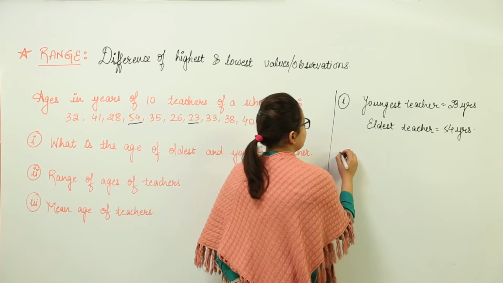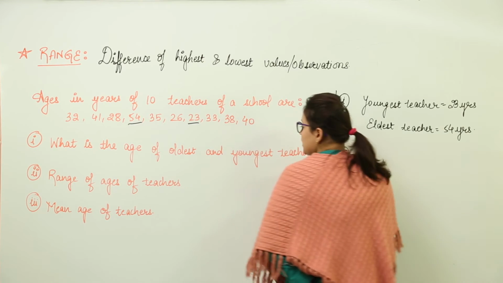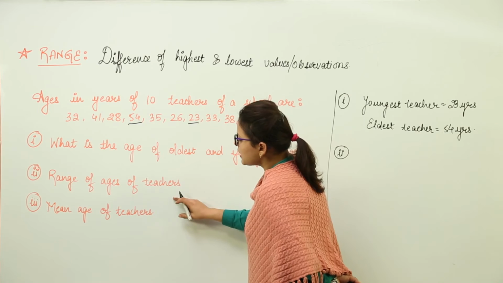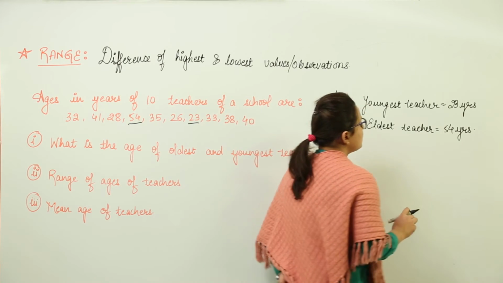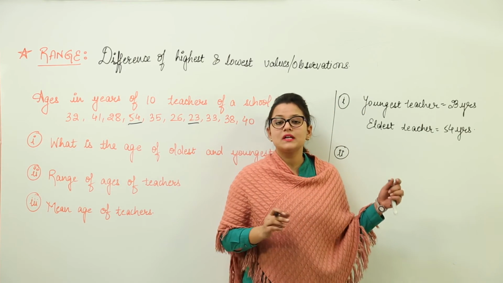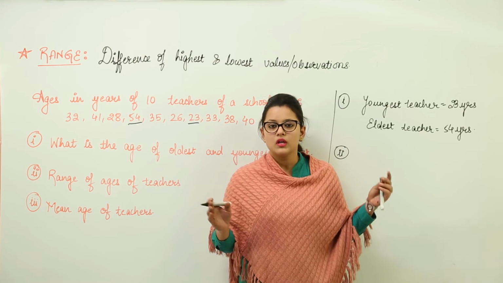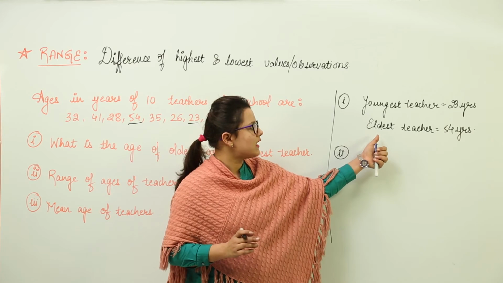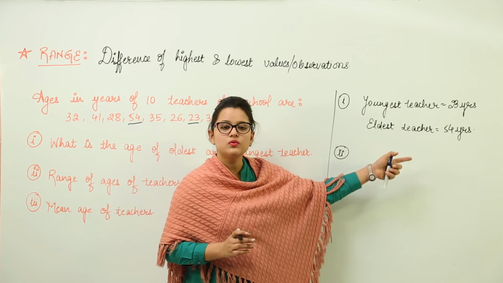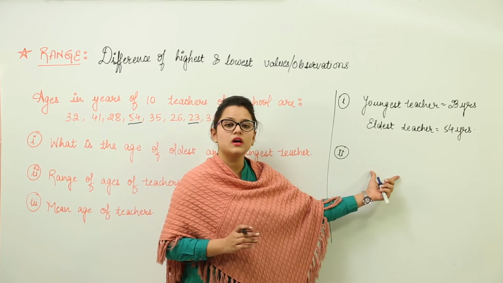For the second one, you have to find the range of ages of the teachers. Now what should be done for the range? You take out the difference of the highest and the lowest value. As we have already calculated the lowest and highest, we are just going to take out the difference.